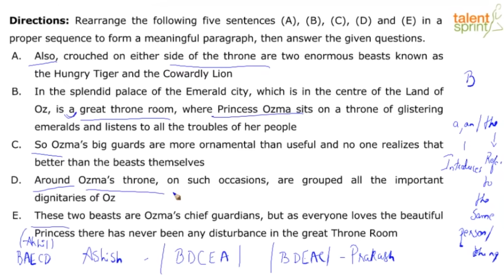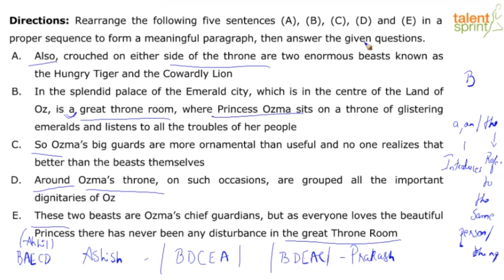E also makes reference to the throne, the great throne room, right? So the highlight of the passage is repeated throughout, which means I can fix on B as the topic sentence. That's the one that is introducing the key word around which the whole passage is revolving. Then we have Princess Ozma.